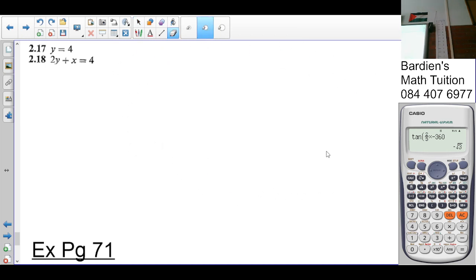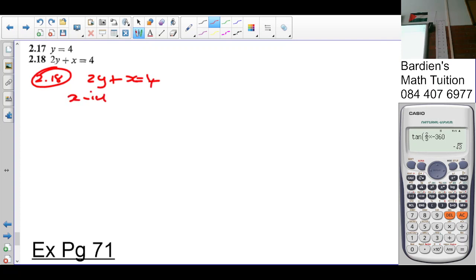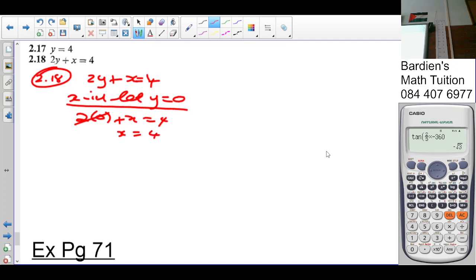Right, next, 2.18. So 2y plus x equals 4. X-intercept, what do we do? We let y equal to 0. So 2 times 0 plus x equals 4. X equal to 4. Y-intercept, what do we do? Let x equal to 0.